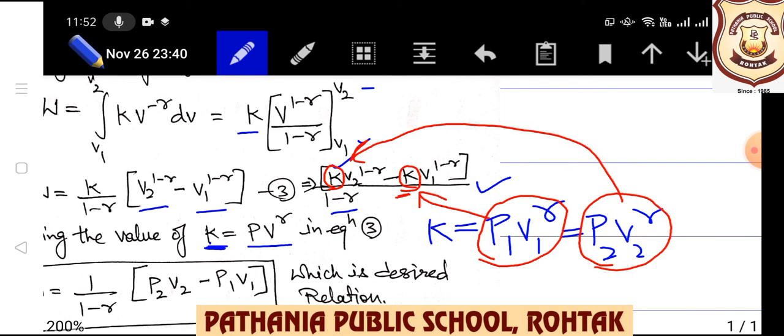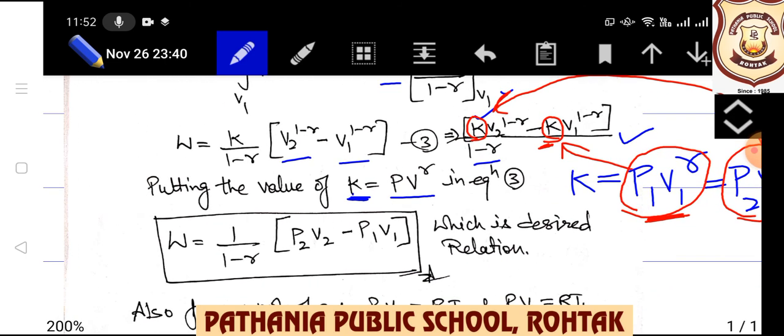So in place of the first K I will write P2 V2 gamma, and at the second place I will write P1 V1 gamma for K.